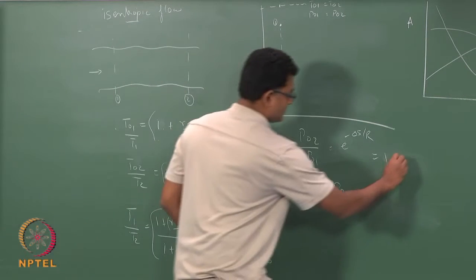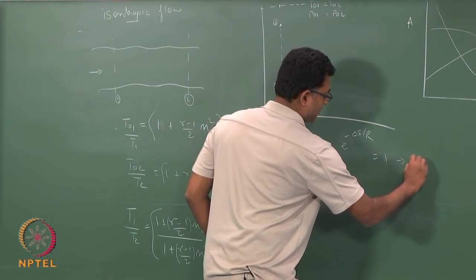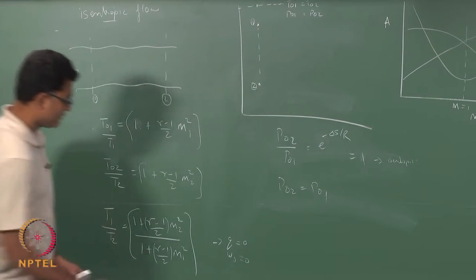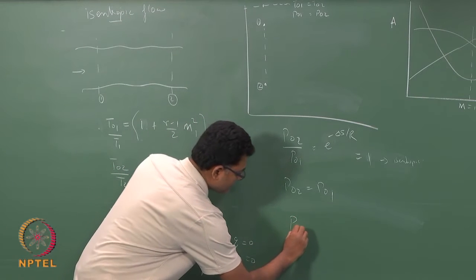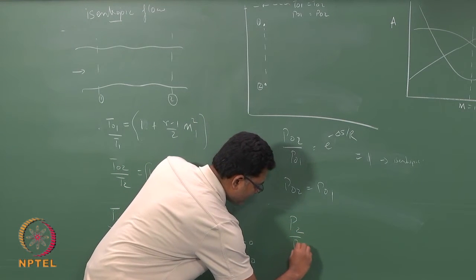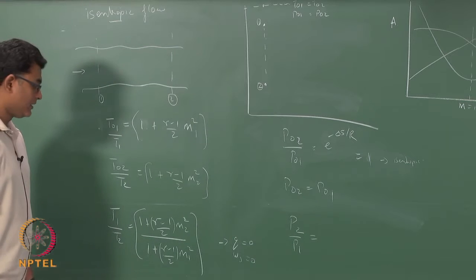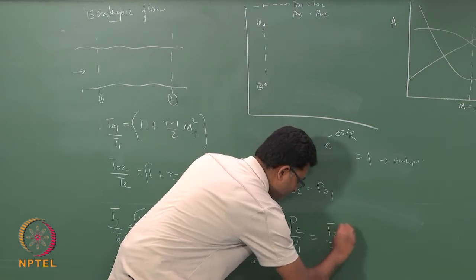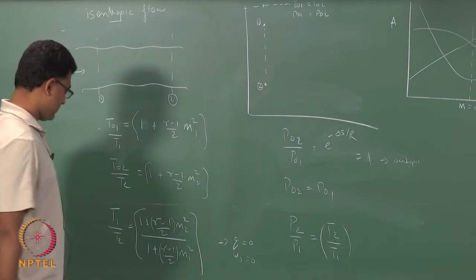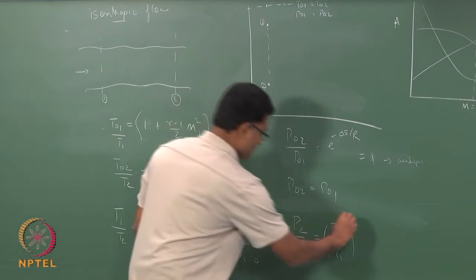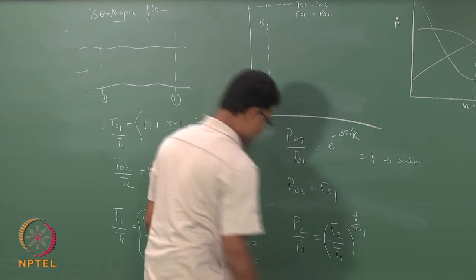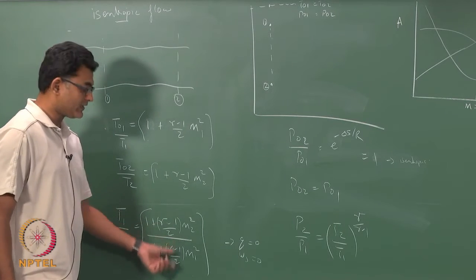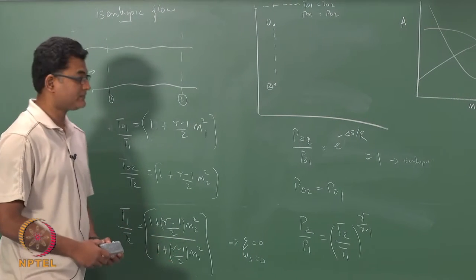So, this is isentropic. So, you can use isentropic relations here to find, say, P2 by P1 equals T2 by T1 to the power gamma by gamma minus 1, which again you can write in terms of M1 and M2.